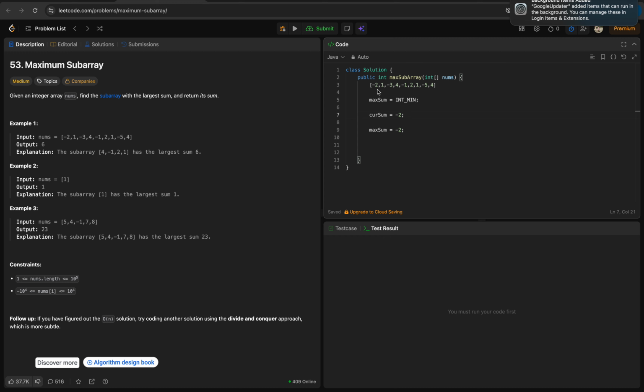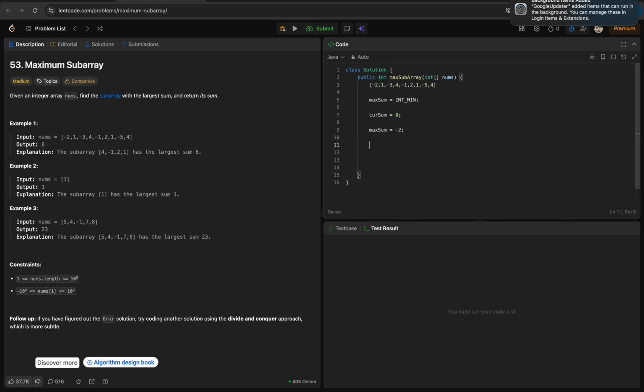No, because when we are moving forward, be it any number after -2, positive, negative, or 0, if we are adding -2 to it, the sum will only decrease, so we will not have the maximum value. That's why we can drop this number and keep it 0.